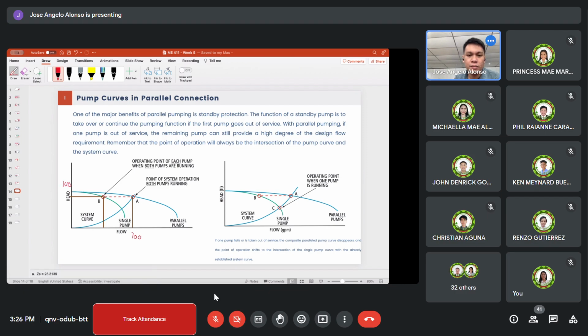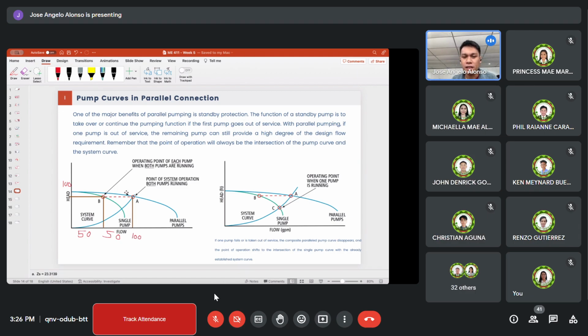And if both of them is in operation, then each of them is producing 50 gallons per minute lang at 100 feet of head. However, if one pump fails or is taken out of service, the composite parallel pump curve disappears and the point of operation shifts to the intersection of the designed single pump curve with already established system curve.